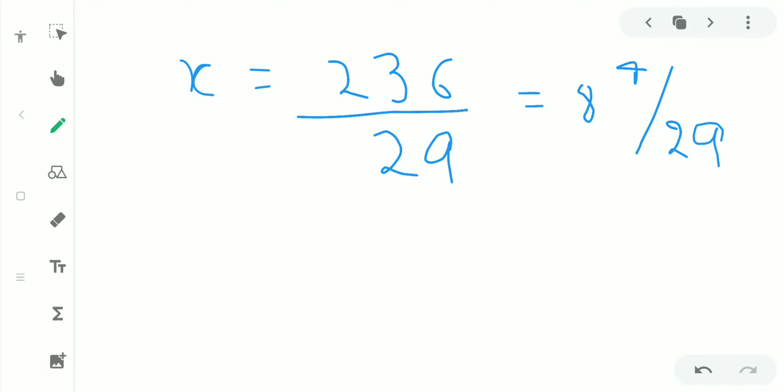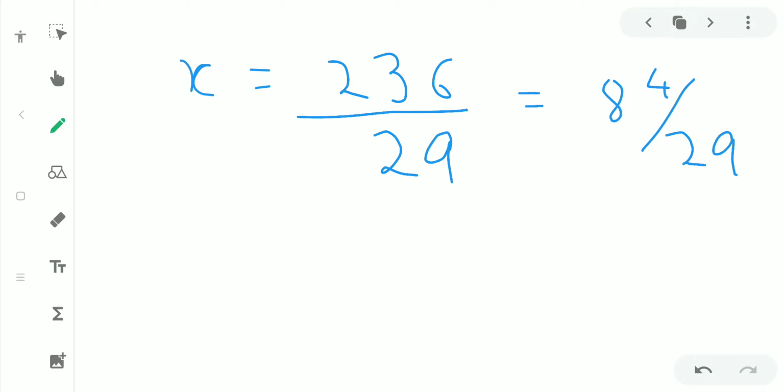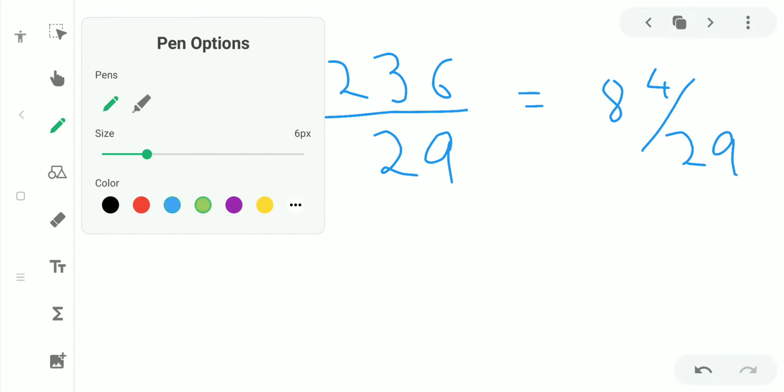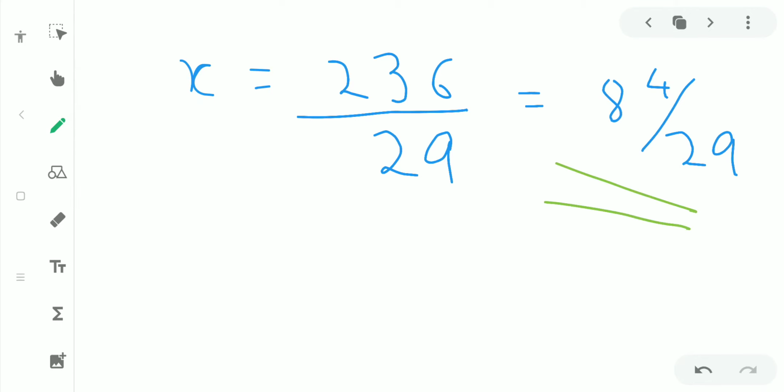I just converted it into a mixed fraction, 8 and 4 by 29. So now we got the value of x.